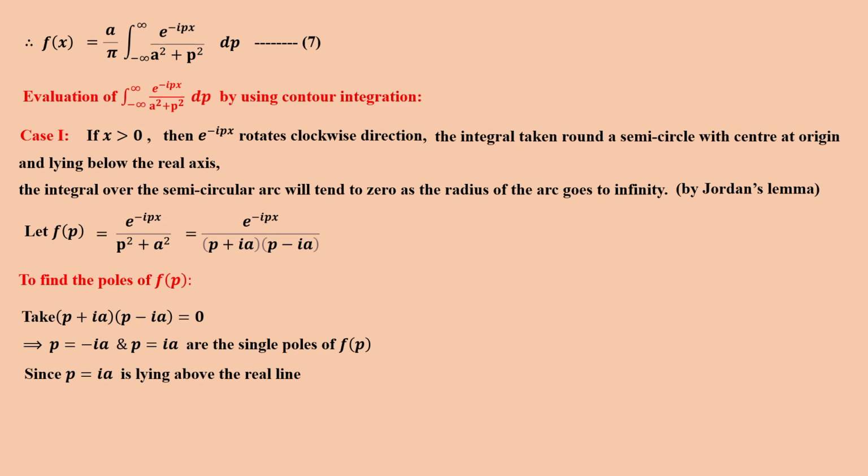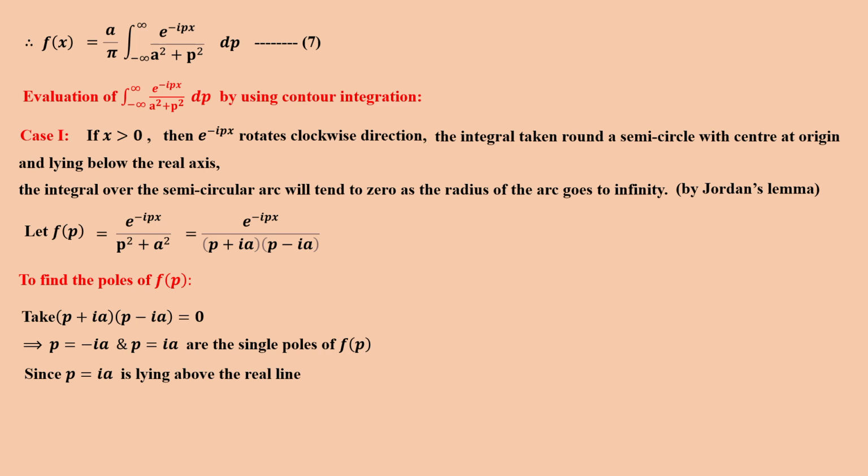So p is equal to ia is lying above the real line, correct? I already told you the y-axis is considered as the imaginary axis and the x-axis is considered as the real axis, x-axis from minus infinity to plus infinity. Above the x-axis, the y-axis is positive, and below the x-axis the y-axis is negative.